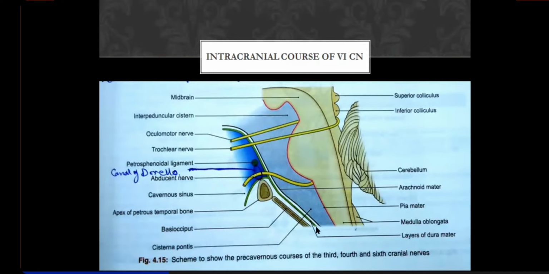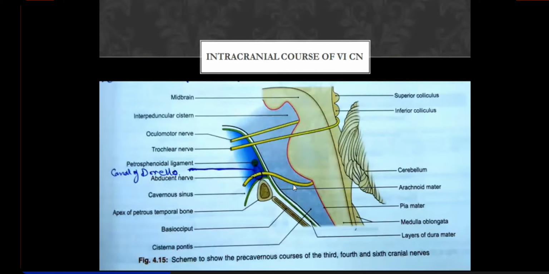So you find that this layer of dura mater, this is an endosteal or the merged layer of dura, which splits here at the upper border of the petrous temporal and divides into the meningeal layer and endosteal layer to enclose a cavernous sinus on either side of the body of sphenoid or either side of sella turcica.